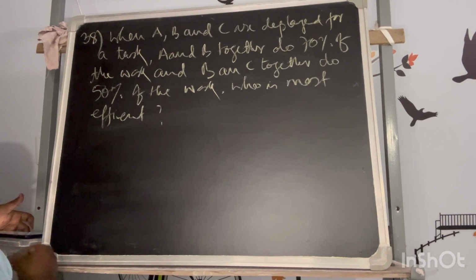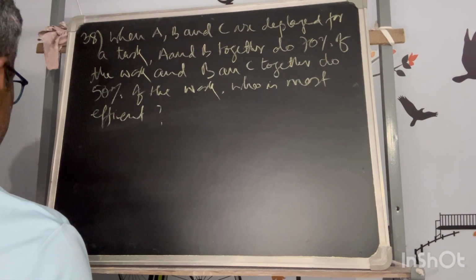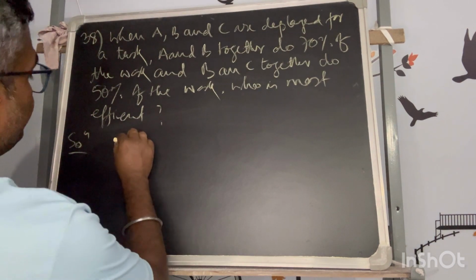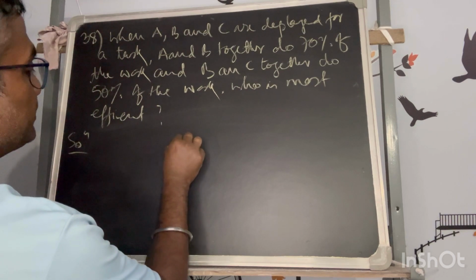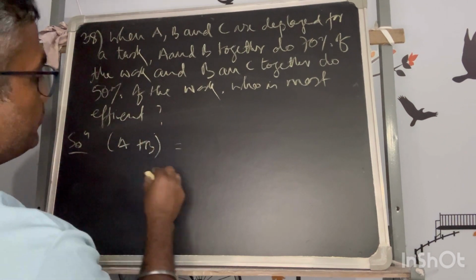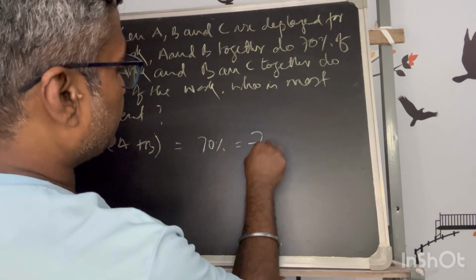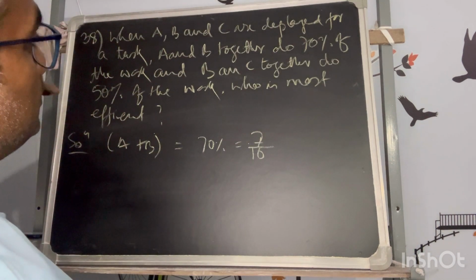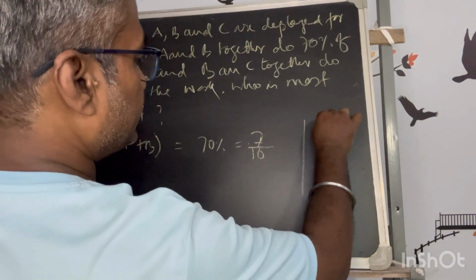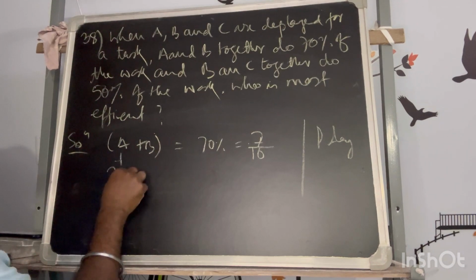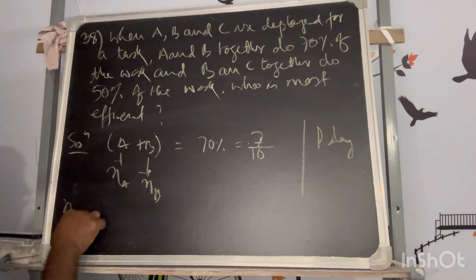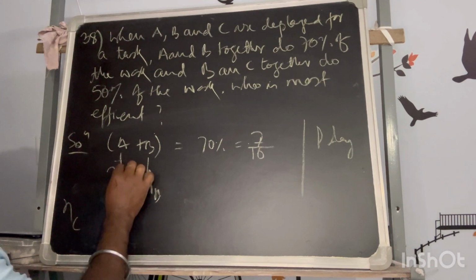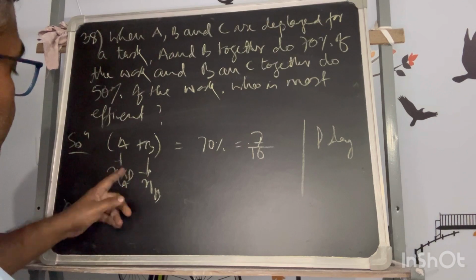So when A, B, C are all deployed for a task, A and B together do 70% of the work, that is 7 upon 10 of the job. Let us say all are working for D days. The efficiency of A plus efficiency of B, into days, is the part they are doing.